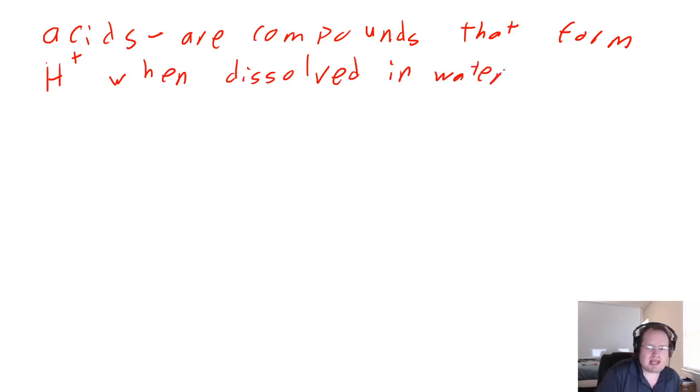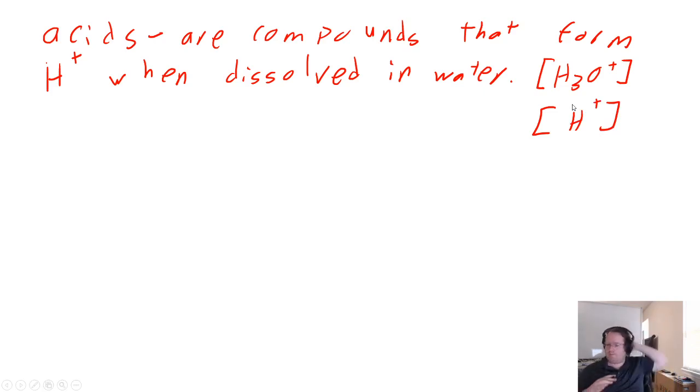Note, depending on what texts or materials you're looking at, this will sometimes be written as H3O+ and sometimes written as H+. These terms both are meant to imply the same idea. There's technically some theoretical differences where you could argue which one's a better match for what an acid produces, or even maybe there's some other thing you should use, but they're trying to say the same thing as far as you're concerned from a general chemistry perspective.